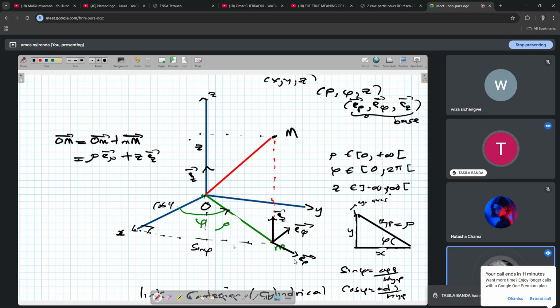Rho, phi, ez? Yes. They form a basis. They form an orthonormal basis, just like in the Cartesian coordinate system. Meaning they are perpendicular, deux à deux, and they are of unit length.